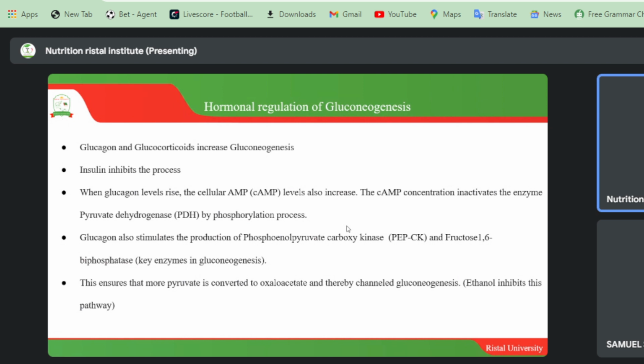Ethanol is formed during fermentation, or if pyruvate is fermented, it forms ethanol. That pathway we have discussed earlier in one of those reactions.